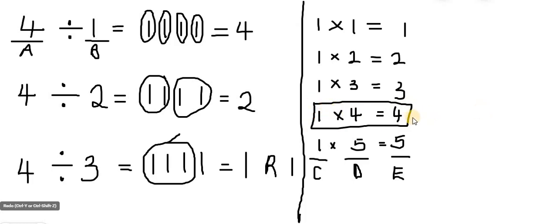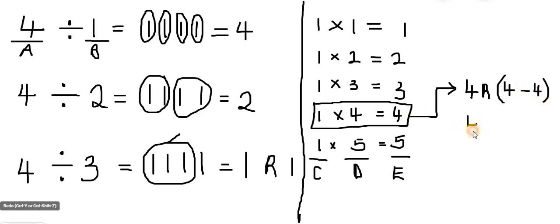So now, when we say 4 divided by 1, our answer is from column D on that line, which is 4, and our remainder is the number above A, which is 4, minus our answer E, which is also 4.